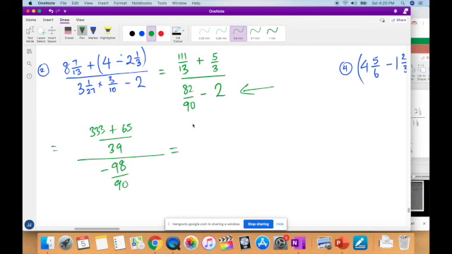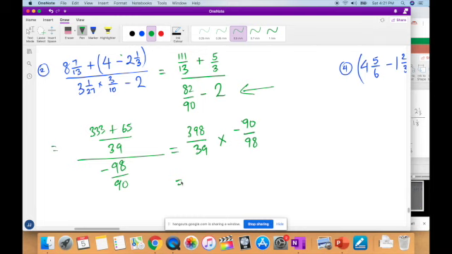But let's see, right? So this numerator, 333 plus 65, that'll be 398, all over 39, multiplied by negative 90 over 98. Yeah? So can anything cross off there? 398 divided by 98?